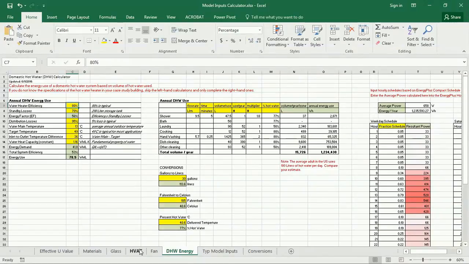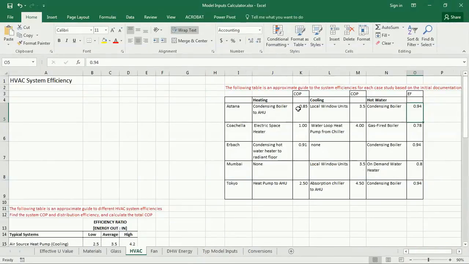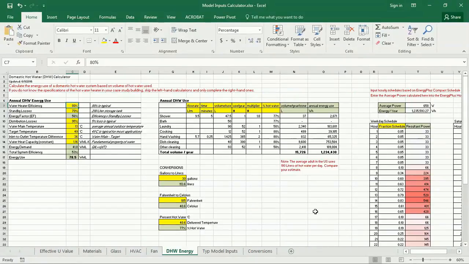It was 0.94, so 94%, and that will change the total system efficiency here, which will then change your annual energy use there, which will in turn change your average power here, which is what you're actually inputting into EnergyPlus.